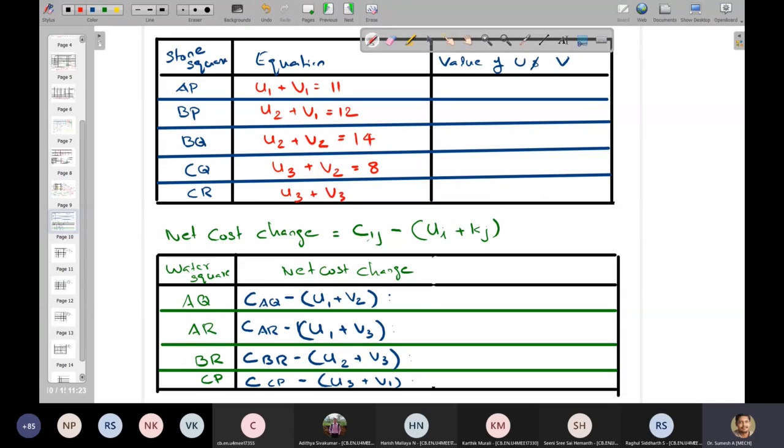And my first assumption will be U1 will always be equal to 0.